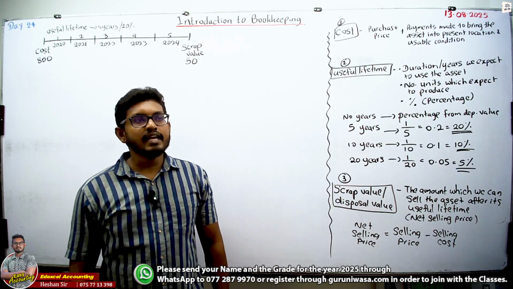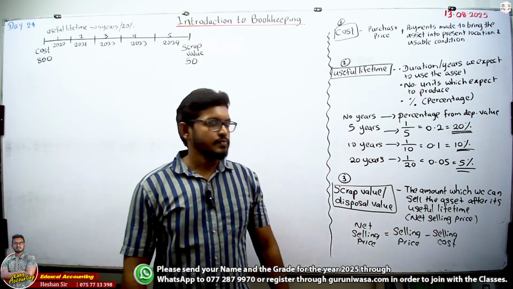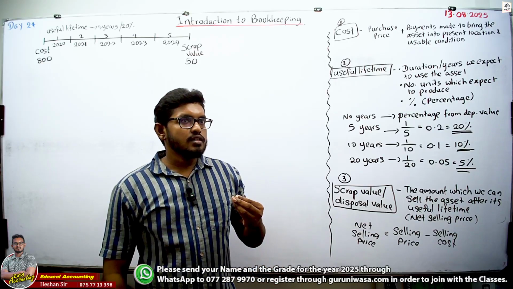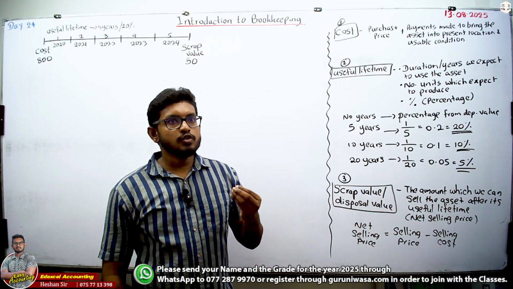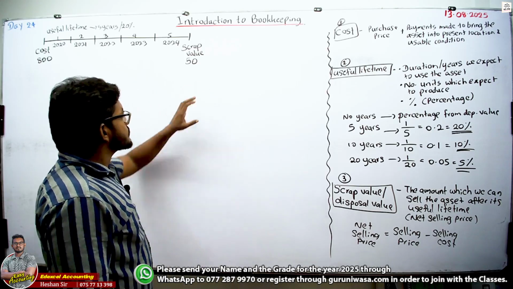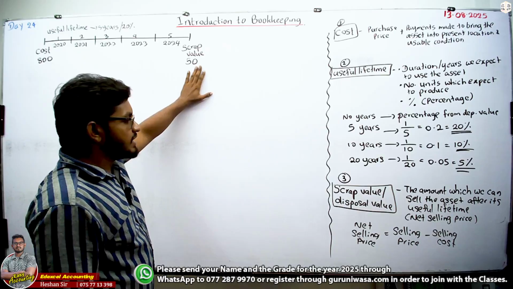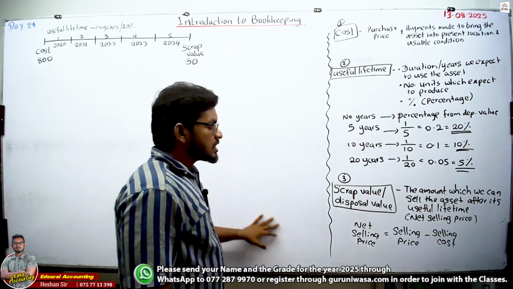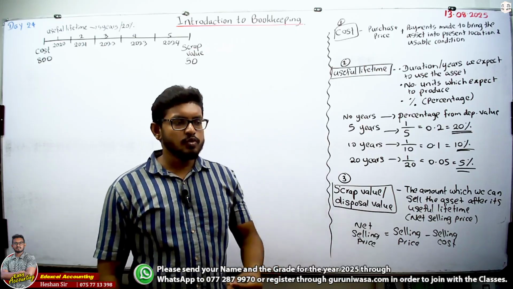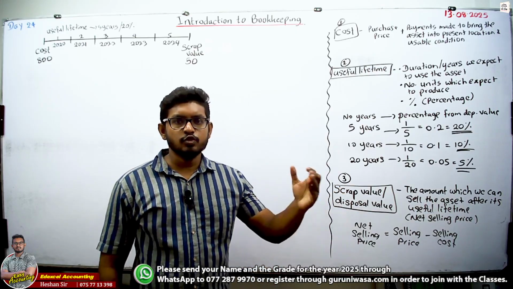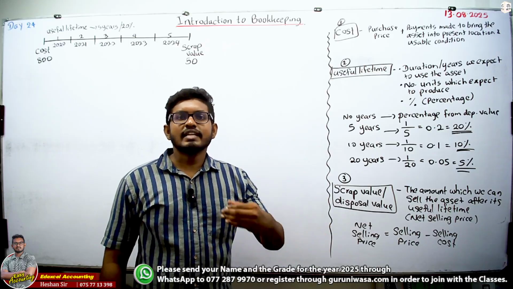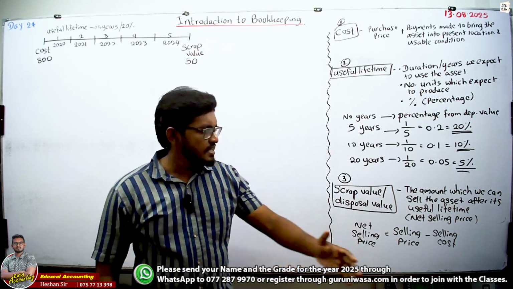But there is this estimate: after the useful lifetime, it will cost around $30 for me as the selling cost. Selling cost means sometimes you need to put newspaper advertisement, TV advertisement, or sometimes you need to give broker charges to sell the asset. Understand? That is the selling cost.